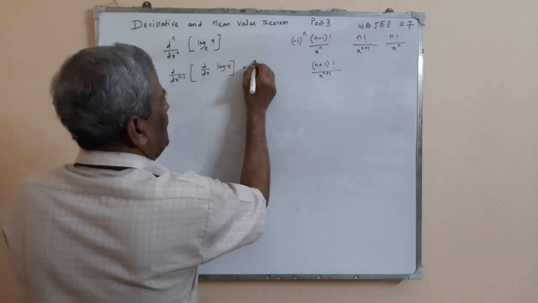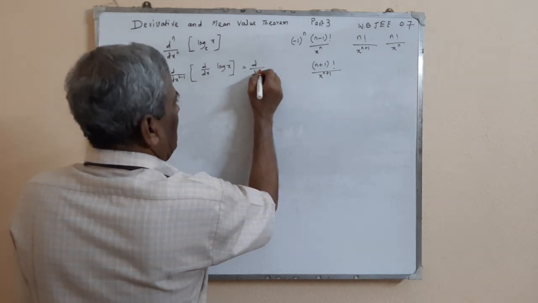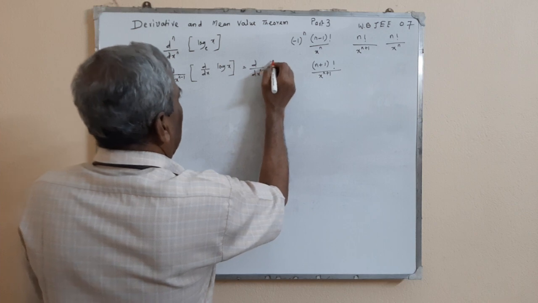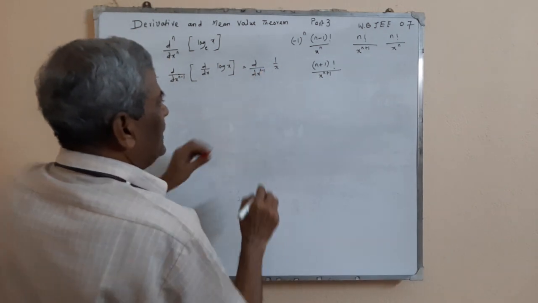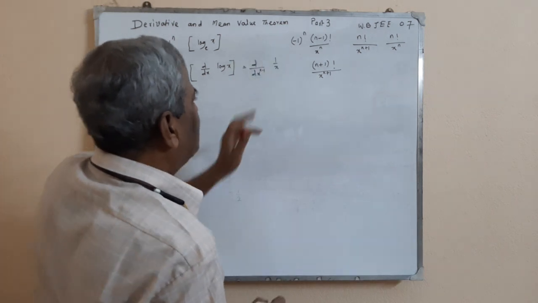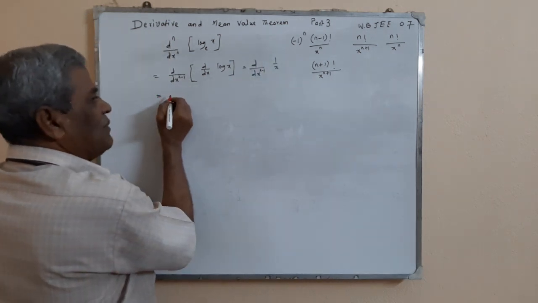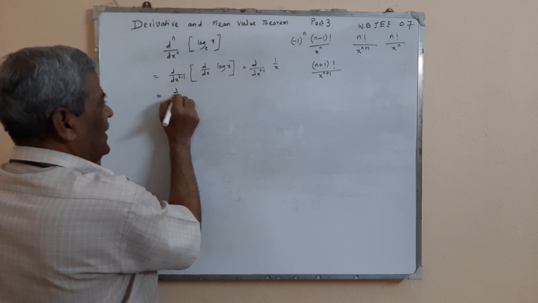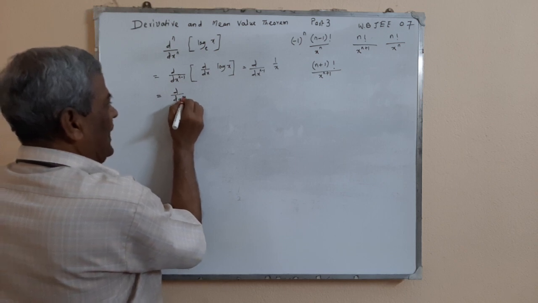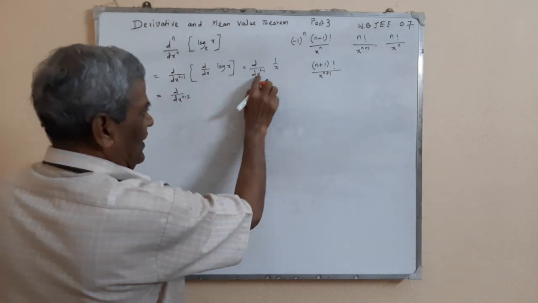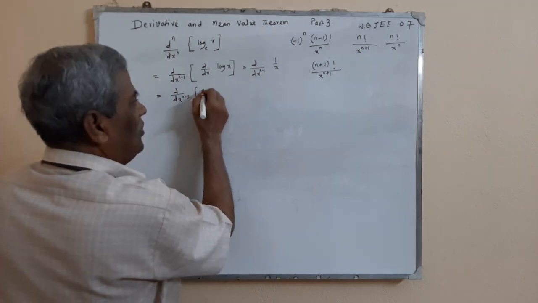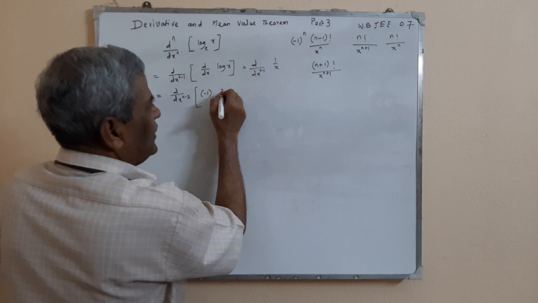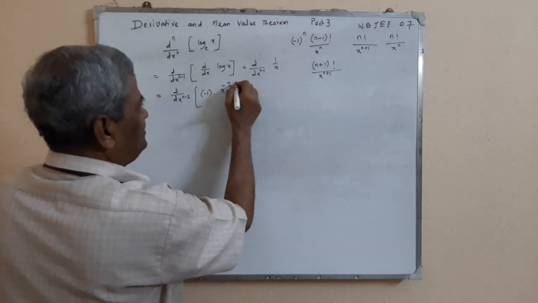It is equal to d^(n minus 1) by dx^(n minus 1) into 1 by x. So it is differentiated once. Next time by the same approach, this is d^(n minus 2) by dx^(n minus 2), so we have to differentiate this, minus 1 into x to the power minus 2.